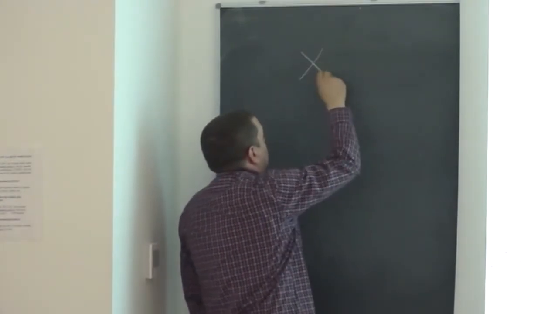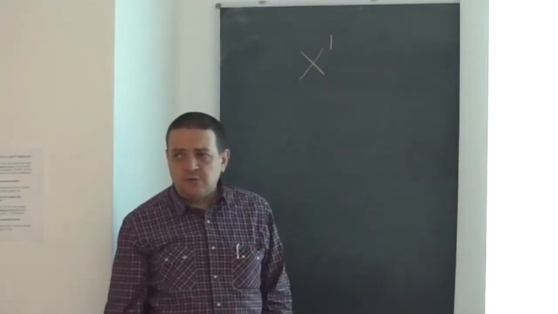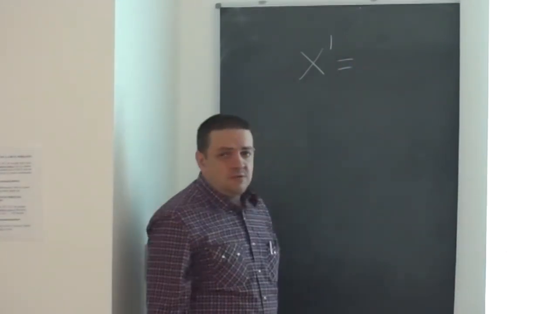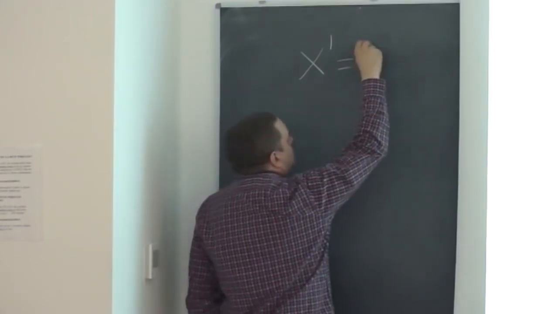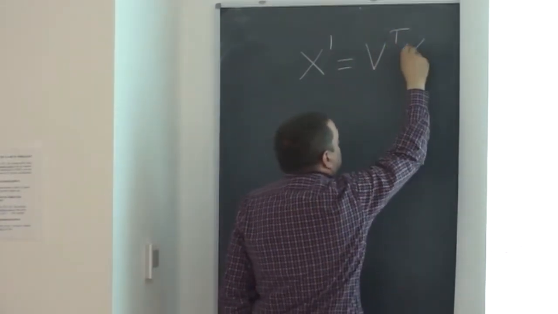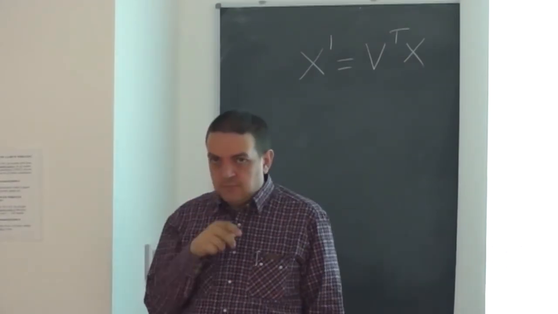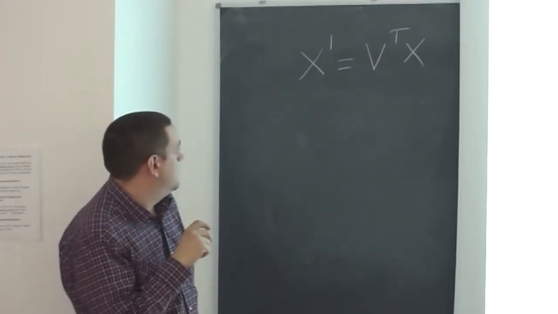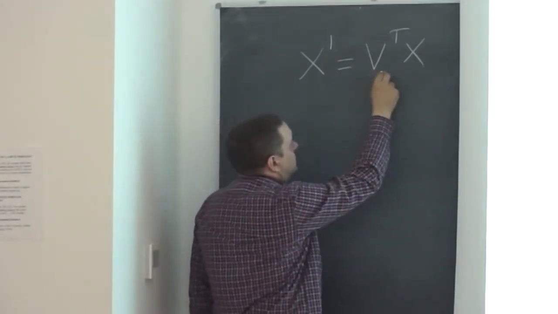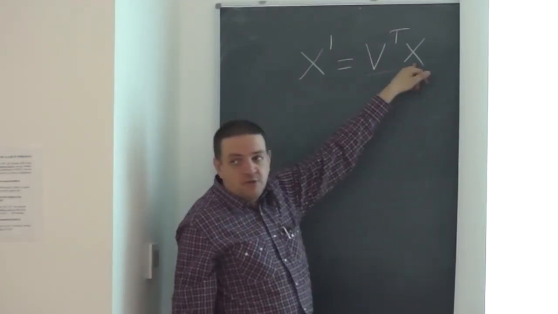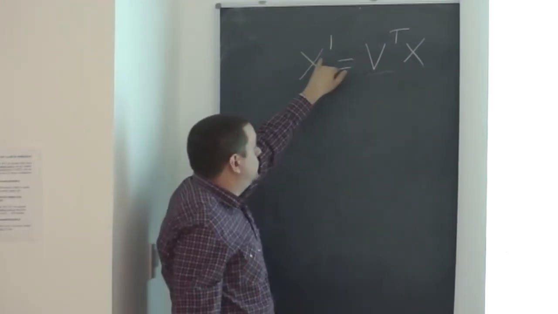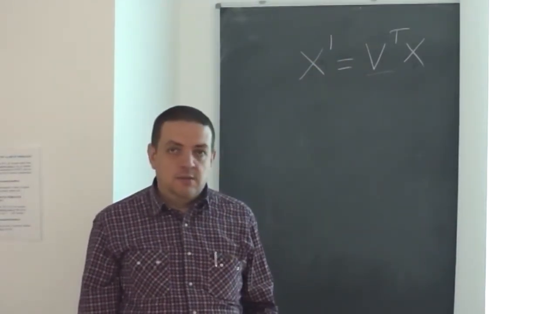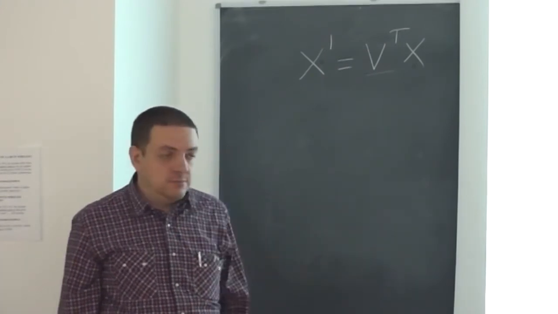If you remember, what I want at the end is a new set of data, x prime, that I can compute as V transpose x. This is the coordinate change matrix that will change our original matrix x into a matrix where the n coordinates are independent of each other. So they have mutual covariance equal to 0, which is what we want.